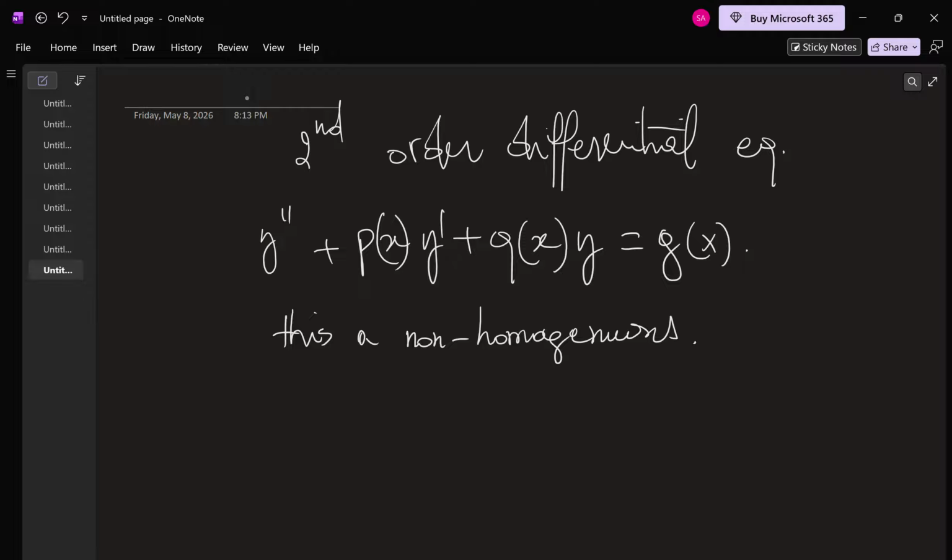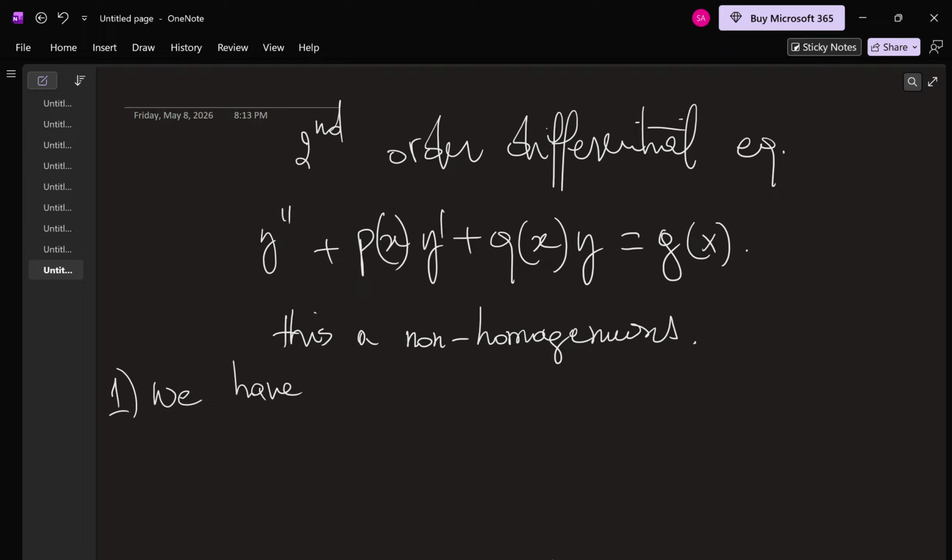So the first step is to find the complementary solution yh, the homogeneous solution. Firstly, we have to solve this equation.